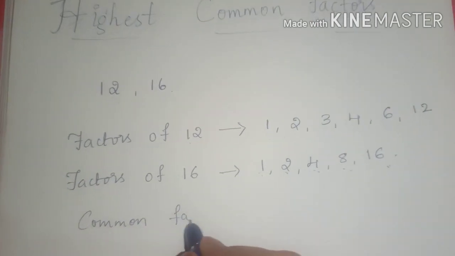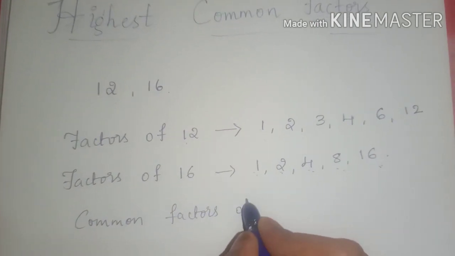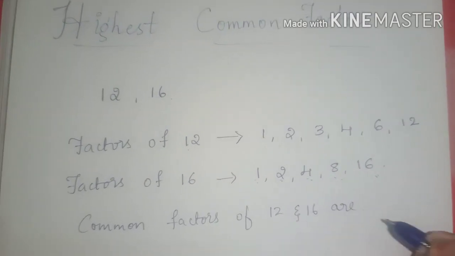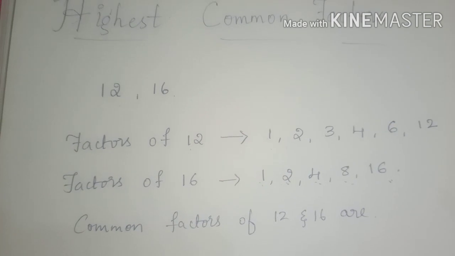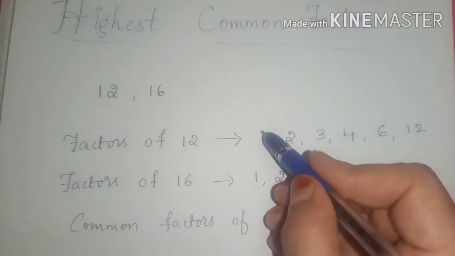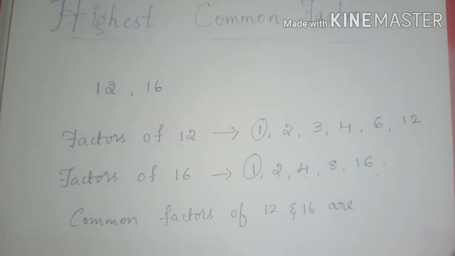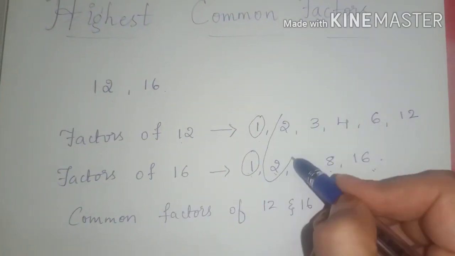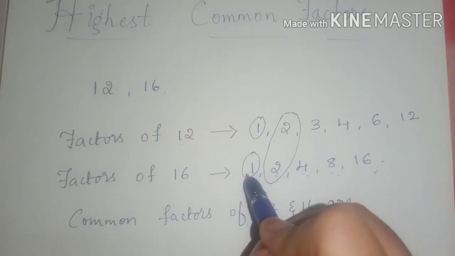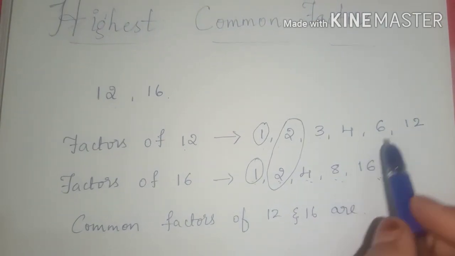The common factors of 12 and 16 are, which are the common factors? You just need to find which are common here. See, 1 and 1, it is common. Then 2 is common. 3 is not common because 3 is not a factor of 16.